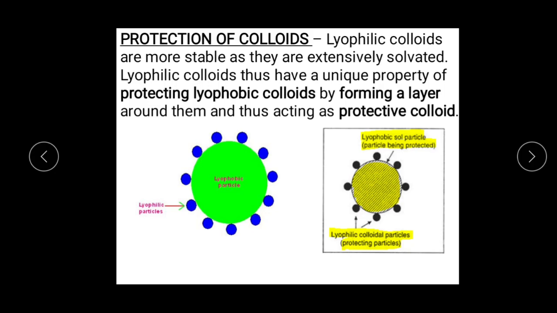And the next topic is protection. Now, protection of colloids. You have to remember, lyophilic colloids are more stable because they are extensively solvated. Now, what do you mean by extensively solvated? It means that colloidal particles are covered by a protective covering or sheath of the liquid in which they are dispersed.